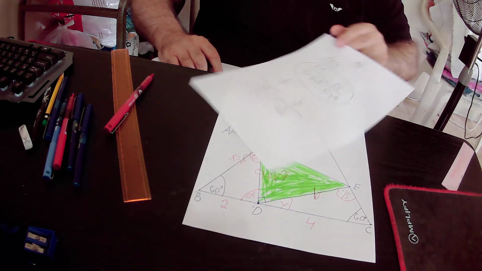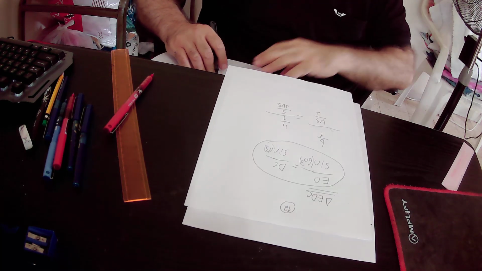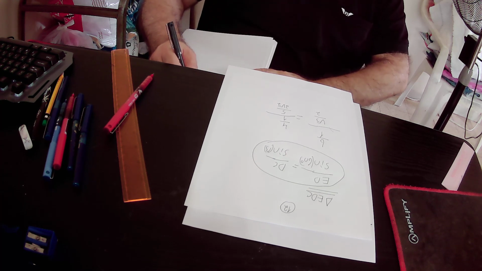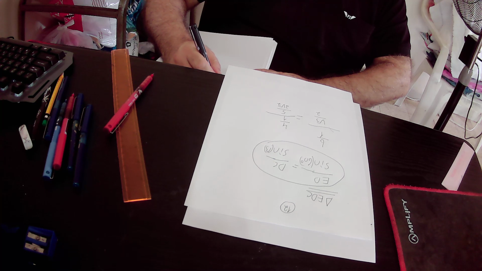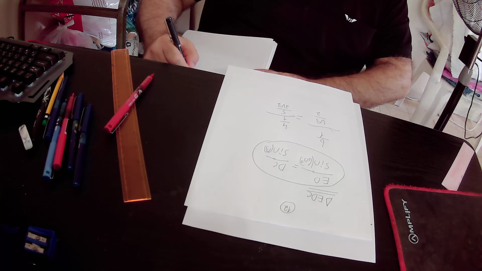We will do it now, and we will get that 2 times b over root 3 equals 2 times root 7 times 4 over 5.